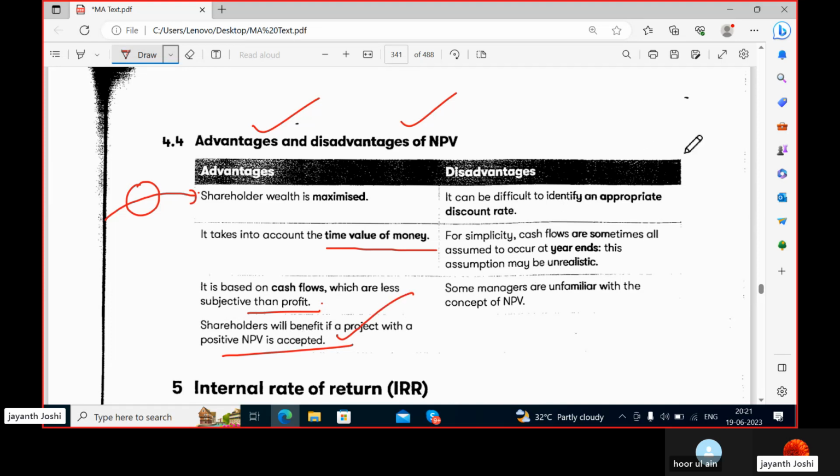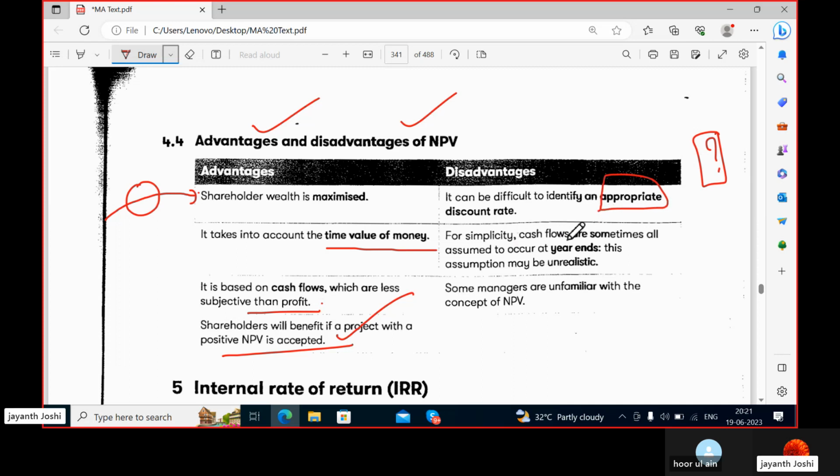But one of the problems is what should be the appropriate discount rate or required rate of return or cost of capital. It's a very tough task to estimate. Why? Because if I say that I expect a return of 12%, why not 14? Why not 15? Those kinds of questions have no answers. So the appropriate discount rate is very tough to estimate.